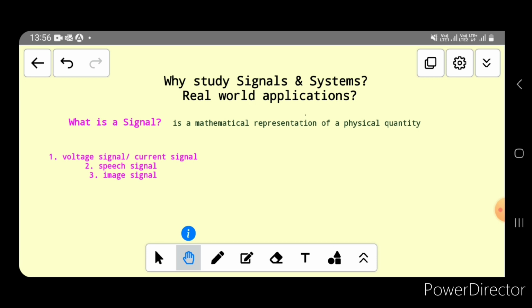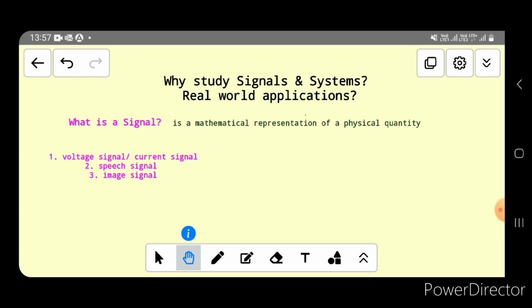Let's start. First of all, the first question that comes to our mind is, what is a signal? A signal consists of a set of information or data that is actually a mathematical representation of a physical quantity.